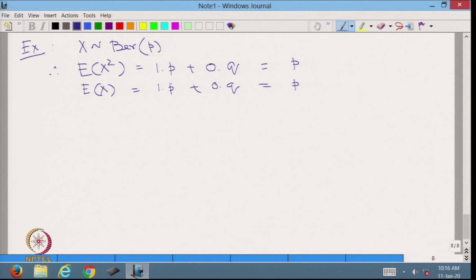This is obvious because X takes values only 1 and 0, 1 with probability p and 0 with probability q. Therefore, variance of X is equal to p minus p square, which is p times (1 minus p), which is equal to pq.